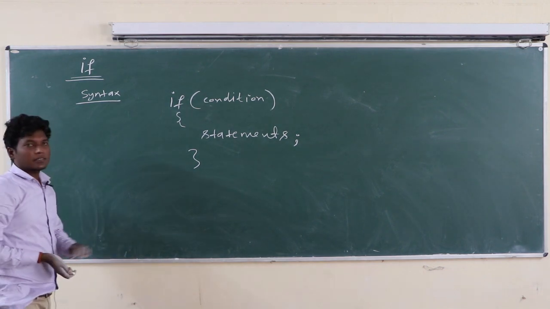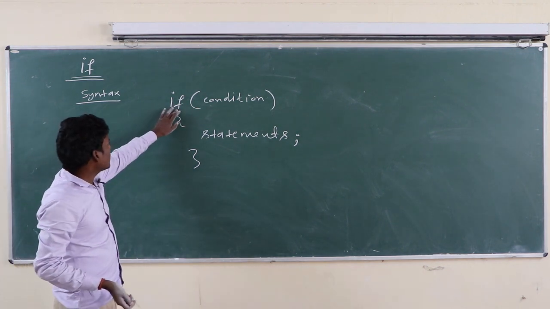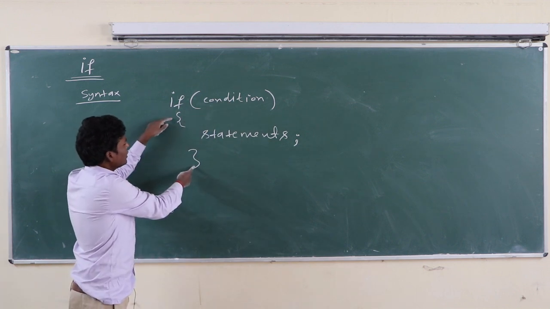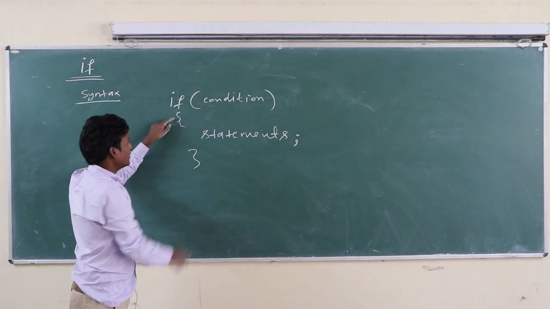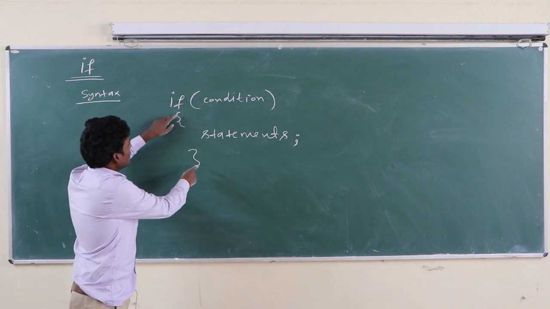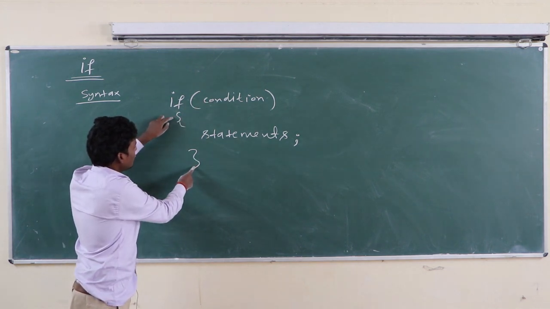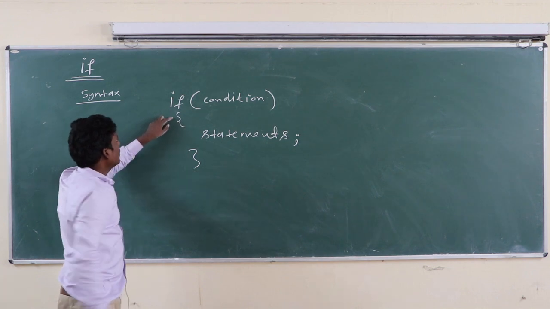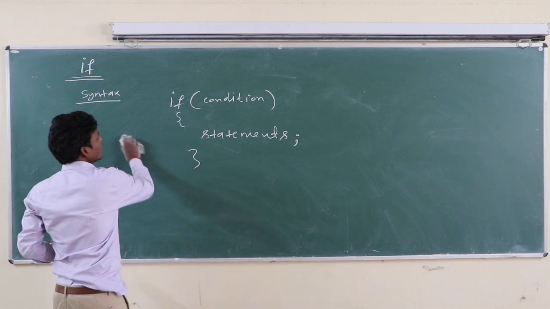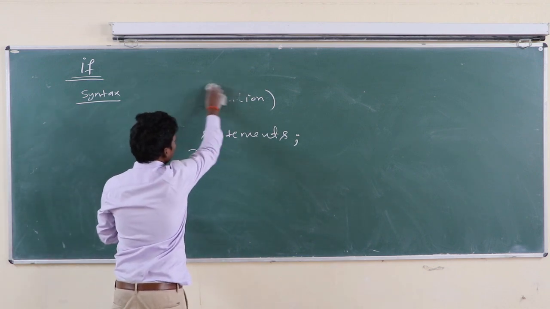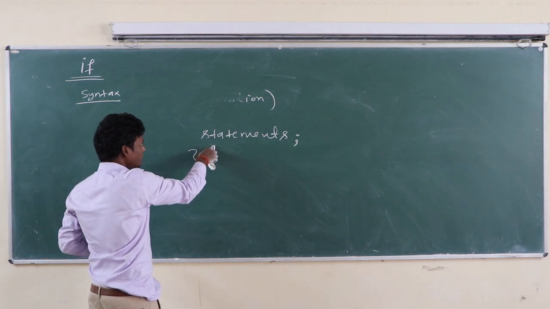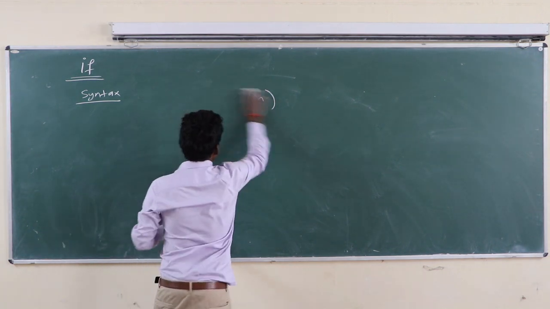This is the syntax. If this condition is true, then this set of statements in this block is executed. If the condition is true, then statements within this block are executed, otherwise not. Here are the statements. It may have 0 statements, 1 statement, or more than 1 statement.